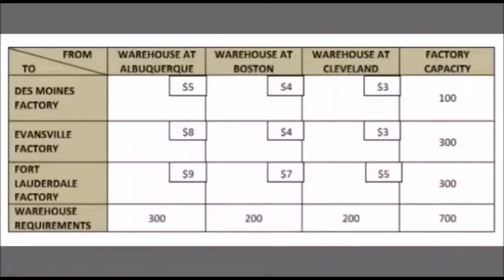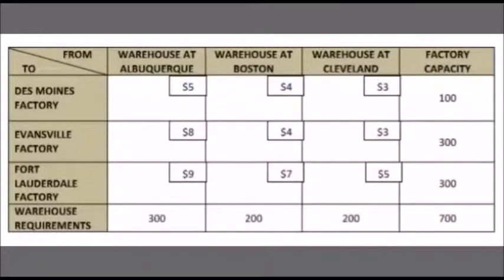So the table here shows that the company manufactures office desks at 3 locations. And these locations are the Des Moines, Evansville, and Fort Lauderdale. The firm also distributes the desk through regional warehouses that are located in Albuquerque, Boston, and Cleveland.